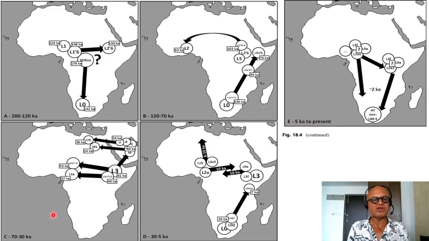Here 70 to 30 kilo years, you can see now out of Africa more actively, as we talked about before, and interactions with Neanderthals started elsewhere, and we don't know if Denisovans were present or not.